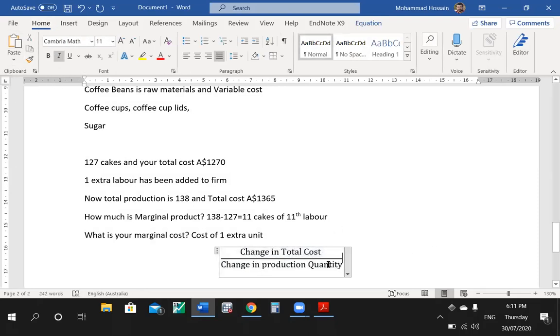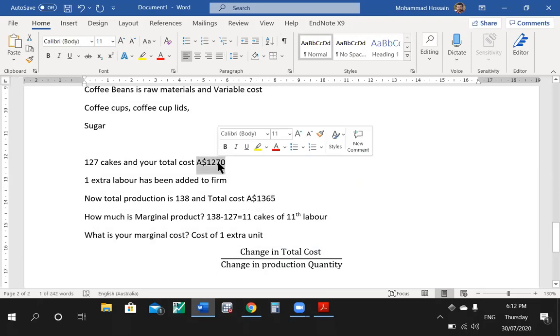So how much does my total cost change? Total cost goes from 1270 to 1365, so the difference is 95.